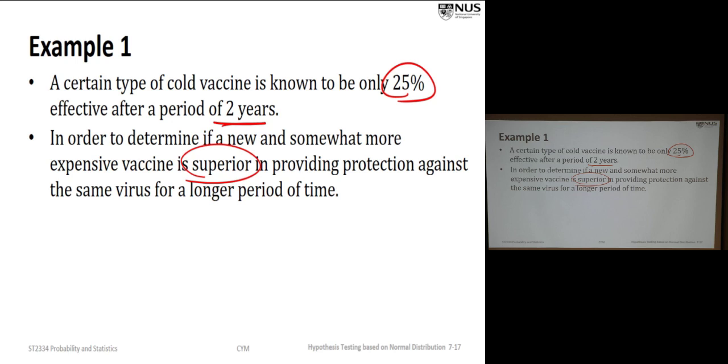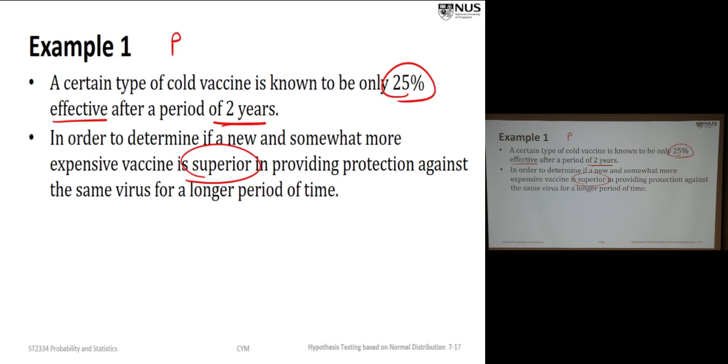Let me first say P is the effective rate, 25%. You can think of it as applied to a group of patients or individuals: after 2 years, only 1/4 of them still have protection from this vaccine.